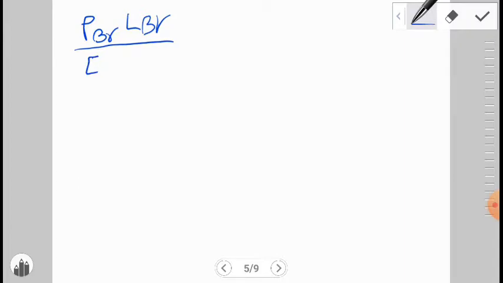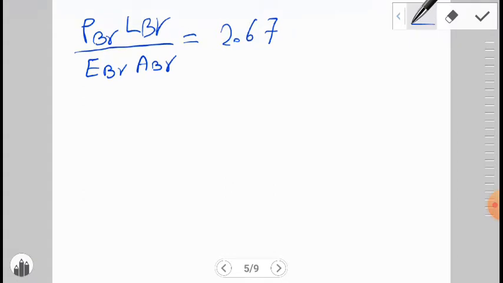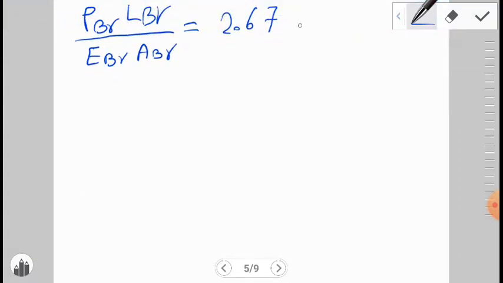In equation number 2, we can write, for example, P bronze, L bronze divided by E bronze, A bronze is equal to 2.67 P steel, L steel divided by A steel, E steel.